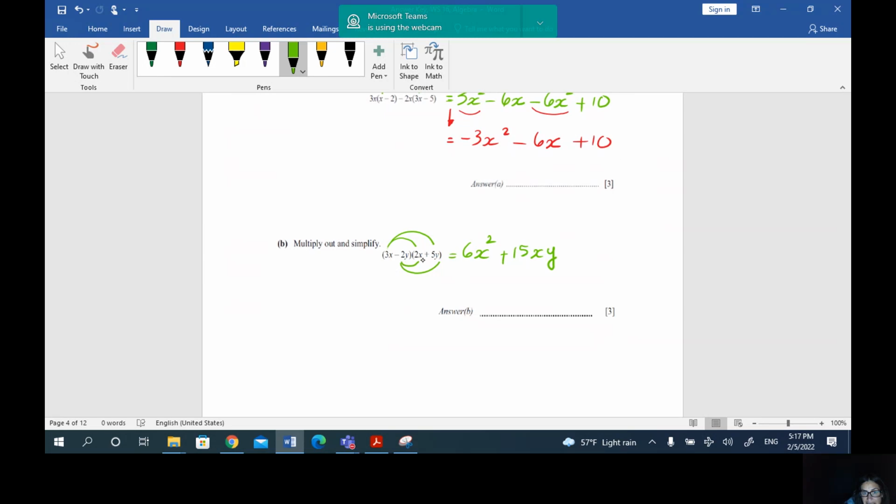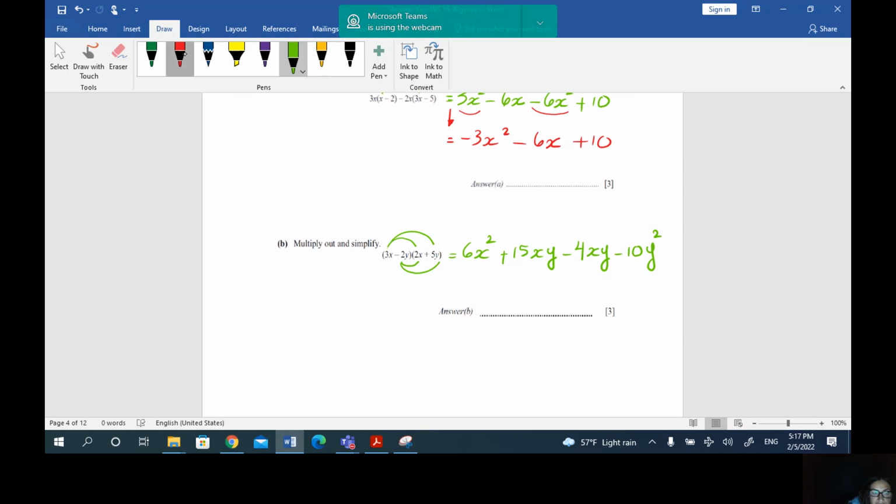Minus 2y times 2x, it will be minus 4xy, and minus 2y times positive 5y, it will be minus 10y squared.